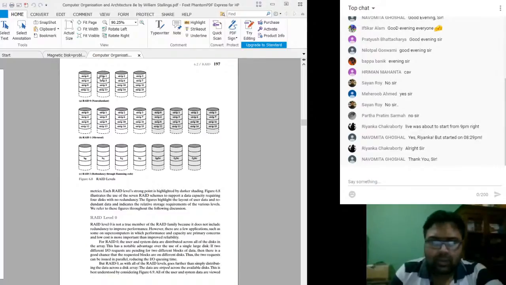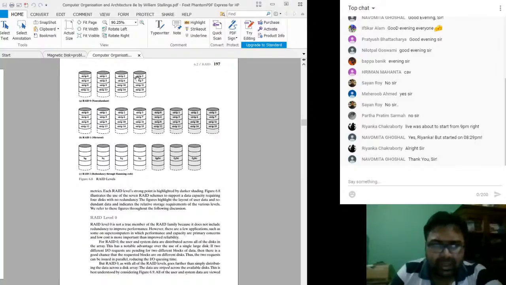Here you have got 4 disks, so the first 4 strips will be kept in the individual disks.